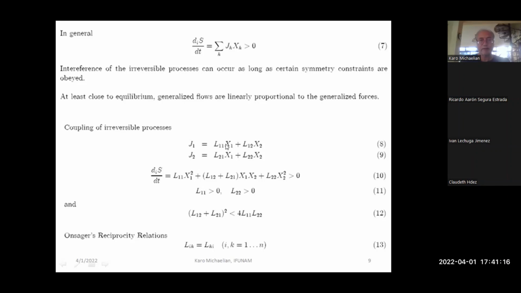And so this has to be greater than 0 in order for this equation to remain positive definite for whatever values of the forces here. We're taking the forces as the variables here. So for whatever these values, we know that the production of entropy has to be positive definite.